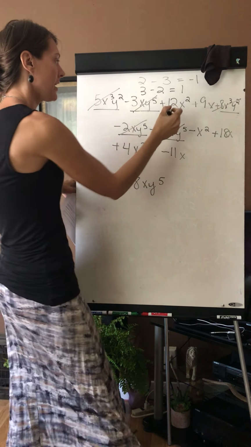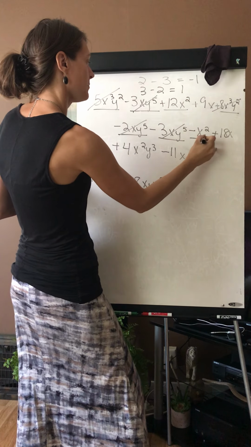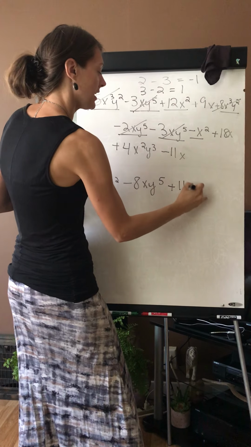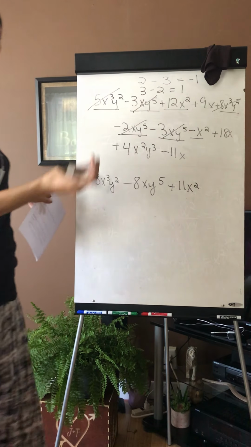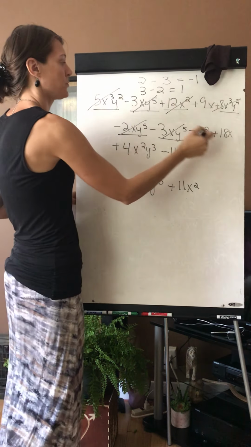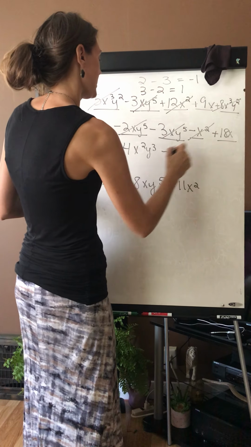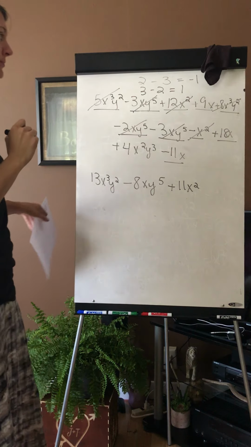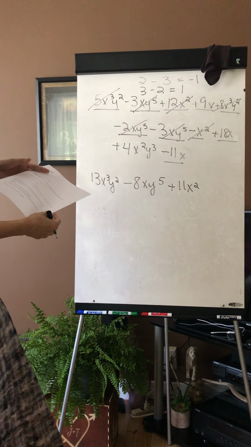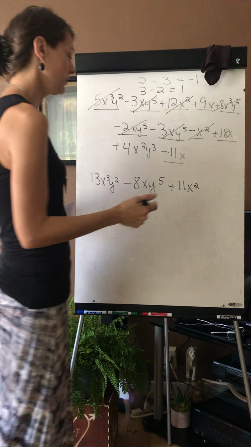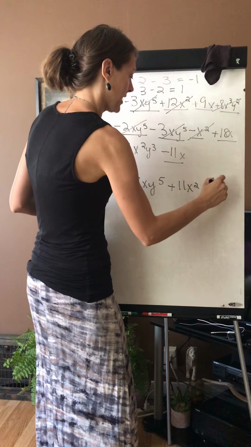The x squared, I've got 12x squared minus 1x squared. So that is positive 11x squared. Again, that's an example where they have different signs, so subtraction. And then we've got 9x, 18x, negative 11x. So 9 plus 18 is 27, and then 27 minus 11 is 16, and that's positive.